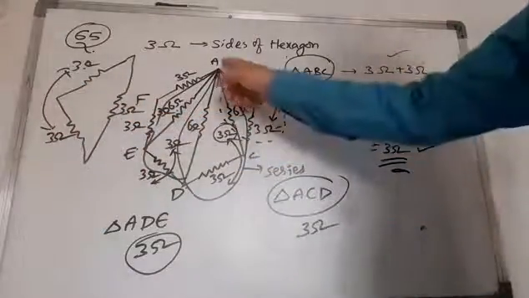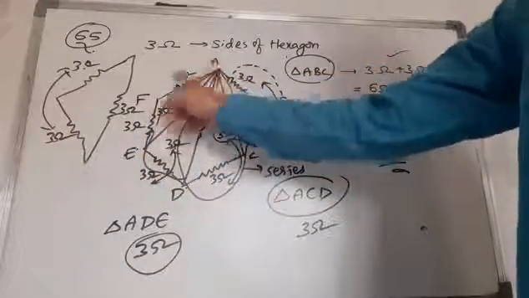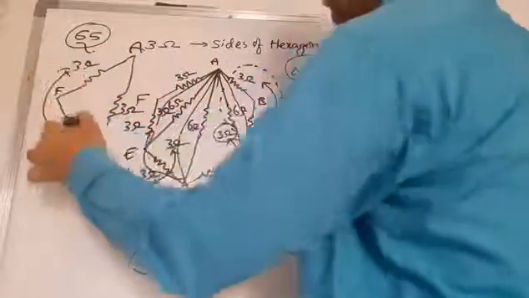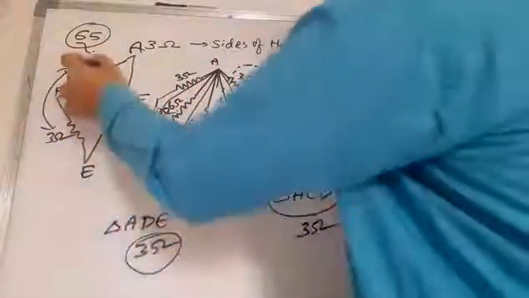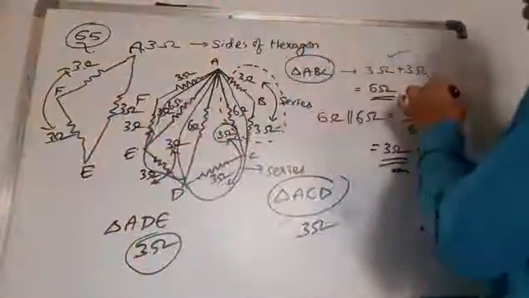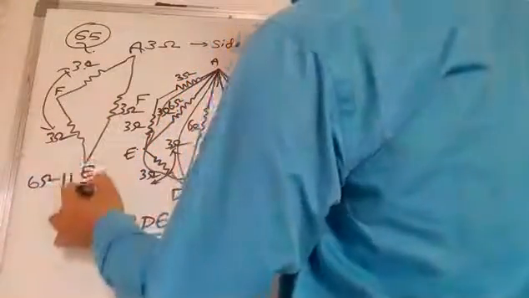That is in the triangle AFE. In triangle AFE, 3 and 3 are in series. So 3 and 3 in series means what will you get? You will get 6 ohms. 6 ohms is parallel with this 3 ohms.